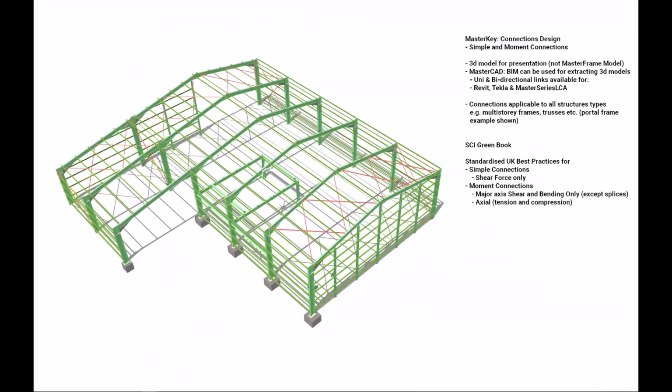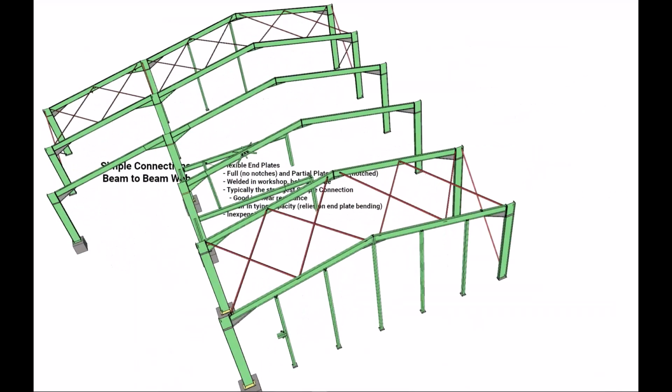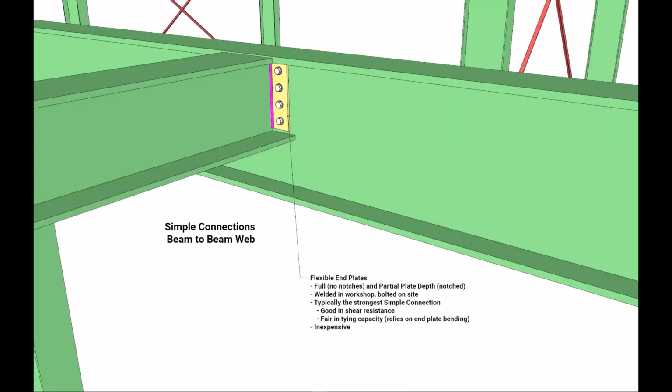So starting out with simple connections. Simple connections are almost always cheaper to fabricate than moment resistant connections because they involve much less fabrication effort, particularly in welding. So the material cost for fittings and bolts is small compared with workmanship costs, which are dominated by welding.